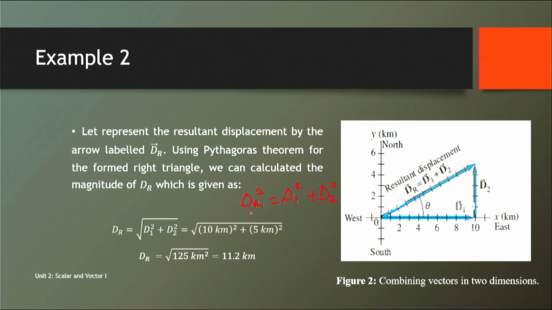And if we are looking for dr, we take the square root of both sides. We have defined our d1 to be 10 and our d2 to be 5. This simple arithmetic will give us 11.2 kilometers.